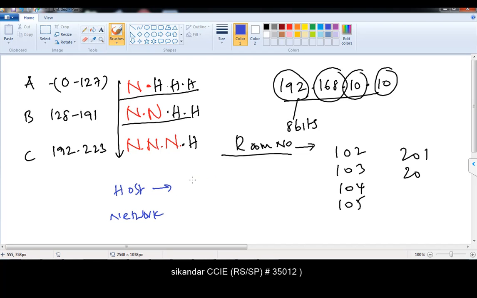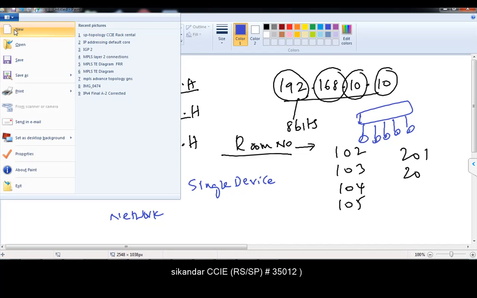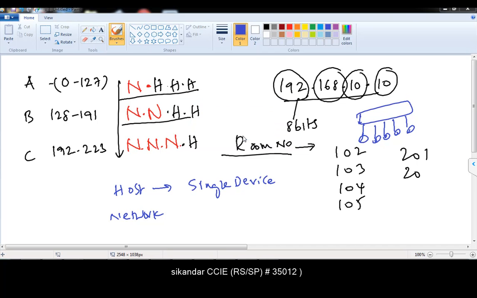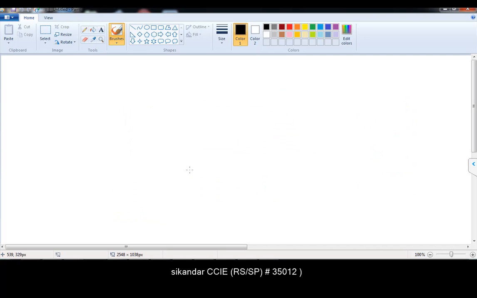Now here the host represents a single device in the network. Generally a single device in the network is represented as a host. It can be any computer, computers in the LAN, or any other device.